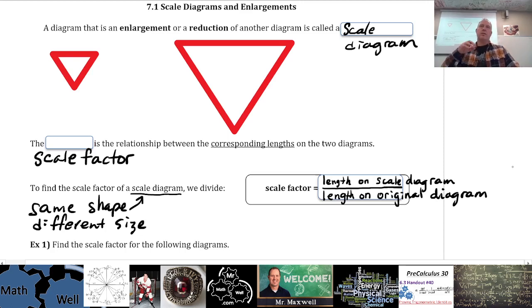So it's always the length of the enlargement or the reduction on top divided by the length of the original.